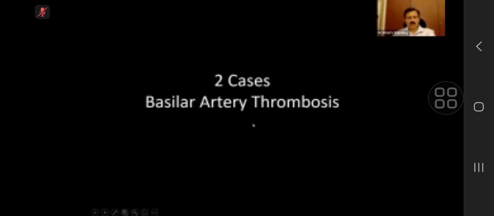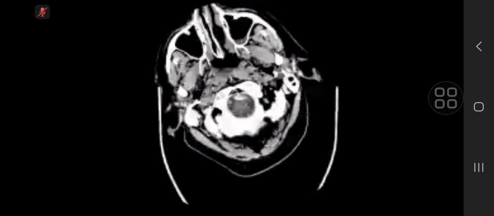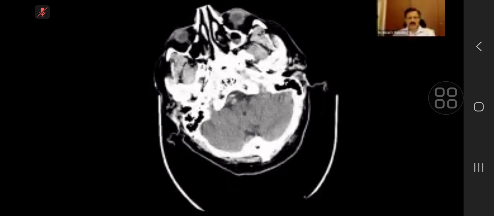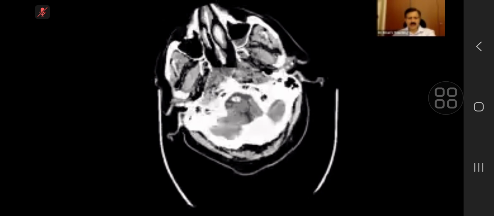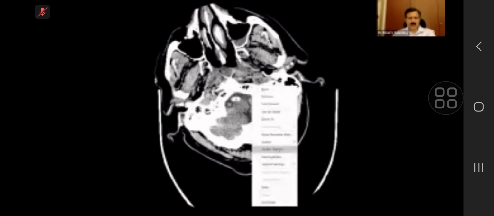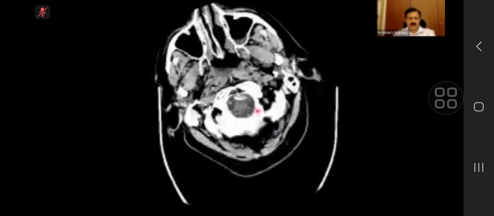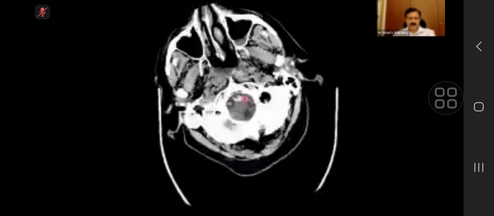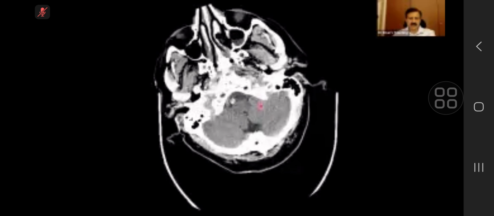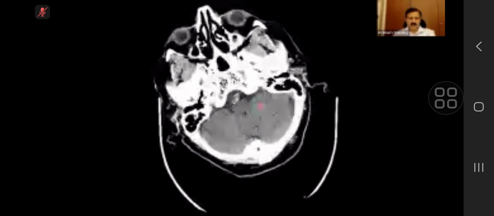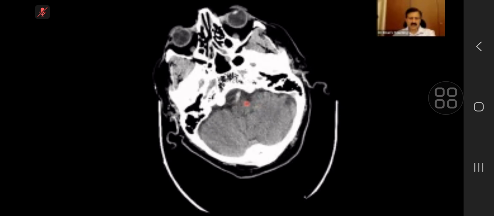Candidate, can you see these two cases of basilar artery thrombosis on your screen? Yes, I can see them. Okay, so I'll go through them. Now, in this particular case, there is vertebrobasilar dolichoectasia, where there are dilated vertebral arteries as well as the basilar artery.